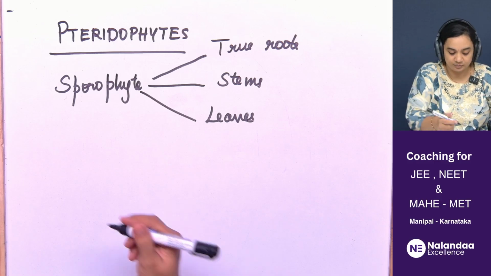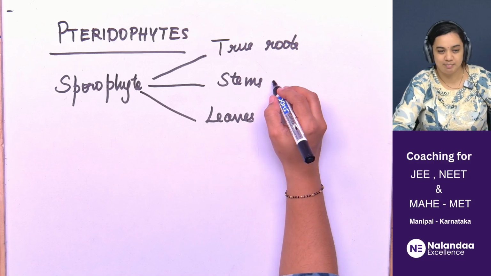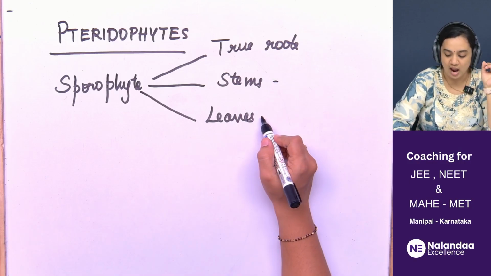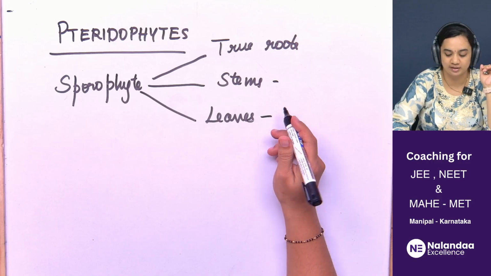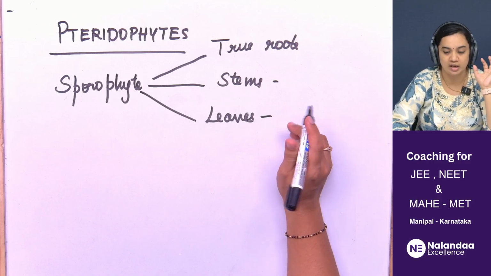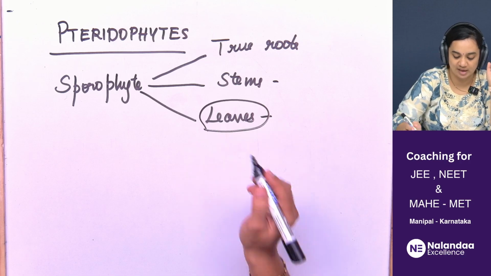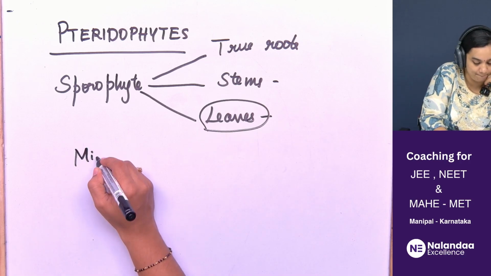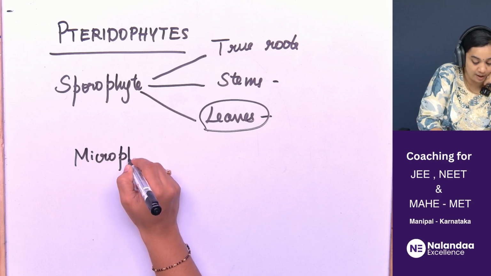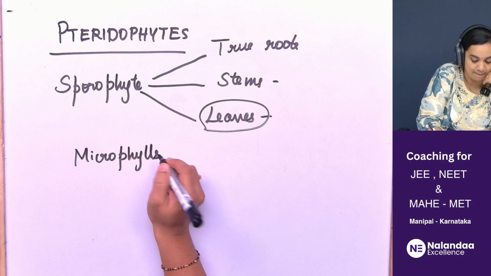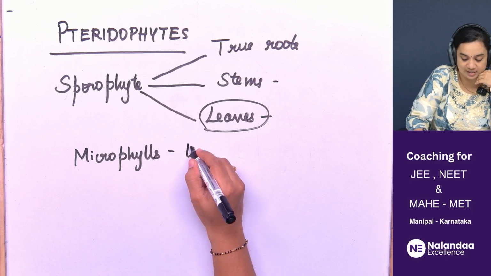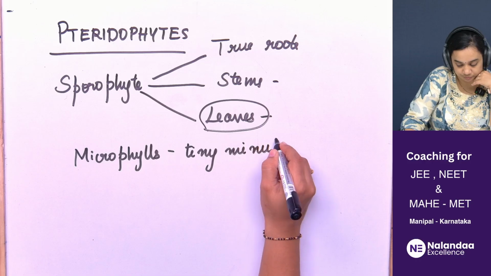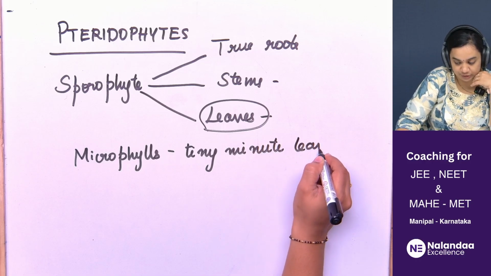And the stem is usually reduced to a rhizome. Okay, it's usually underground, and what is predominantly found on the pteridophyte is leaves only. Now the leaves can be of two types. They could either be microphylls, that is tiny minute leaves.